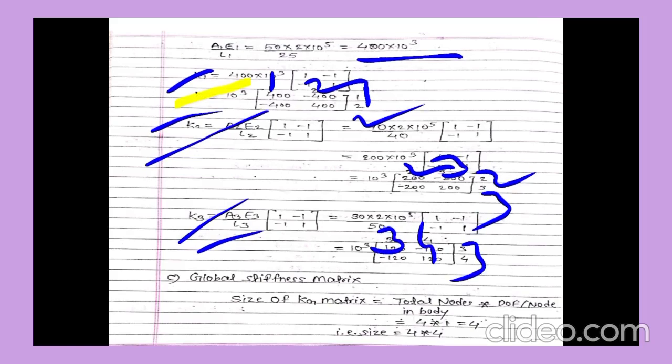Similarly for second and third. This is the second element stiffness matrix and this is the third element stiffness matrix. For solving this you just need to do a simple calculation. The positions for the second element are second and third, and for the third element, third and fourth.